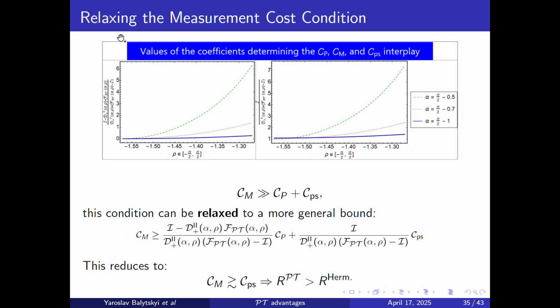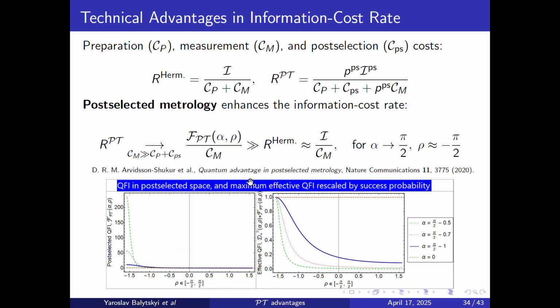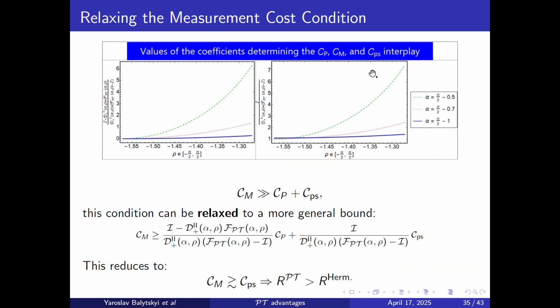So what you can see is that you can just compare this and this, and since we derived exact probabilities of successful post-selection, we can just compute when the PT-symmetric sensor has a higher information cost rate than the Hermitian sensor. And this condition just relaxes to this.